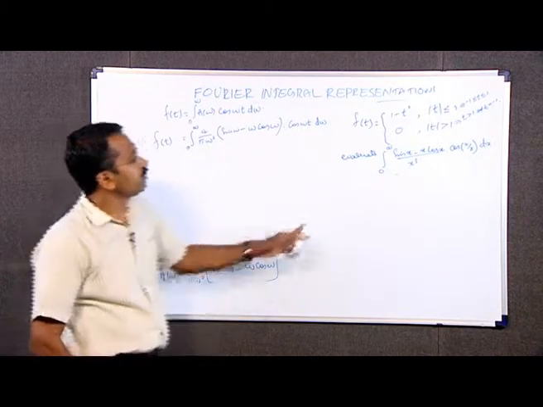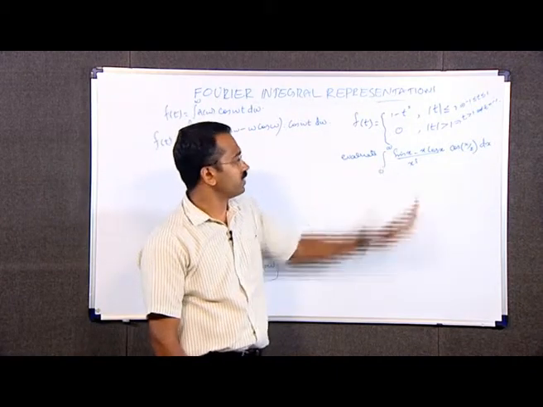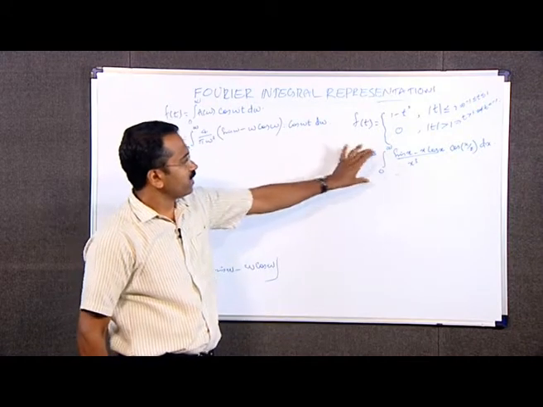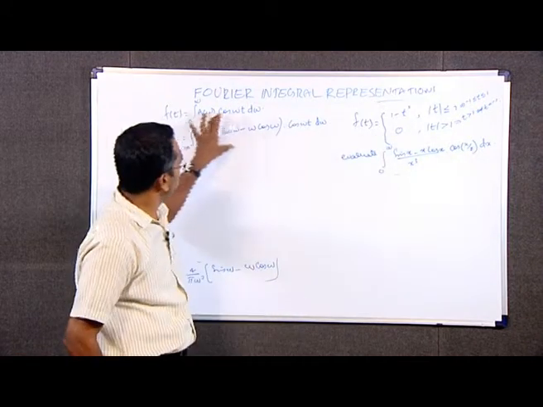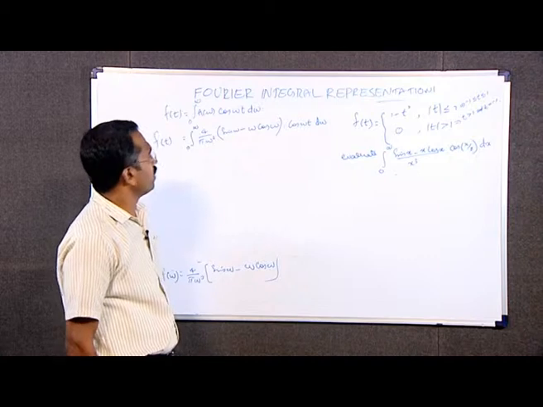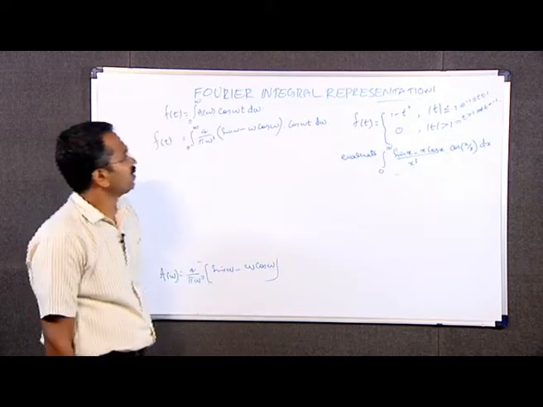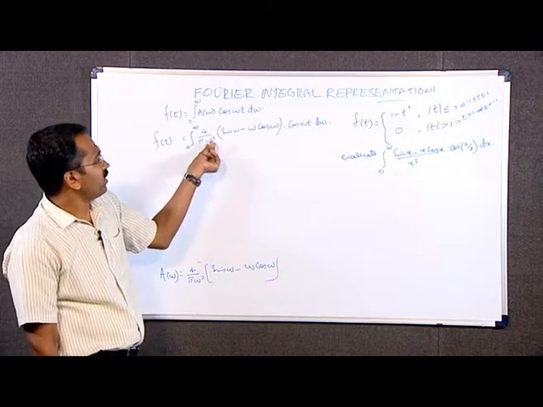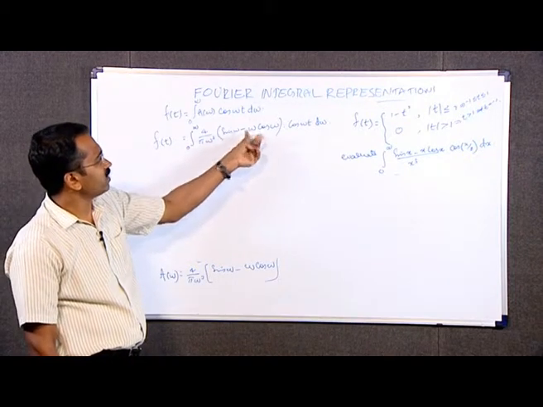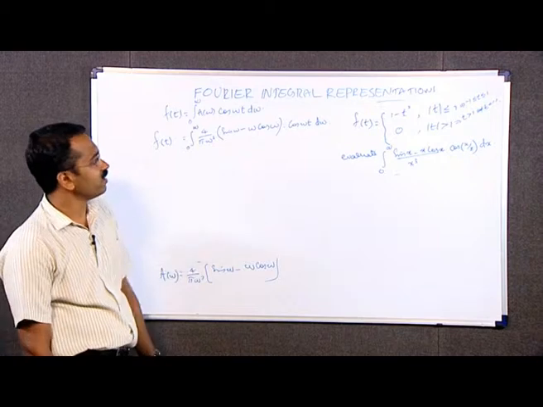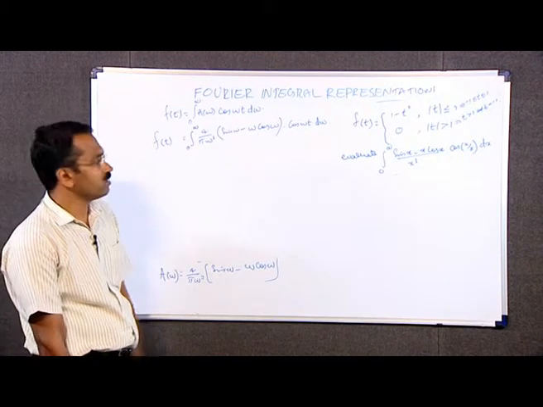Now, we want to evaluate this integral. Comparing this integral with this expression, here instead of omega the variable is x. We can change omega to x because this is a definite integral. In the definite integral we can change the variable.